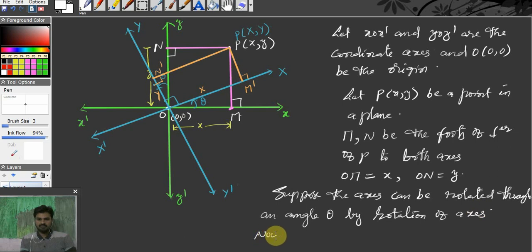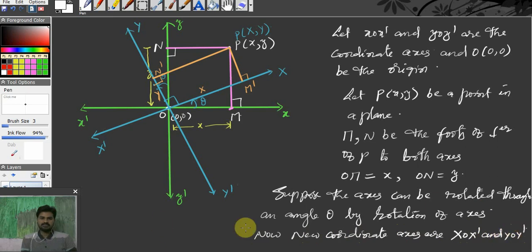Now the new coordinate axes are what are the axes here, XOX dash and YOY dash.